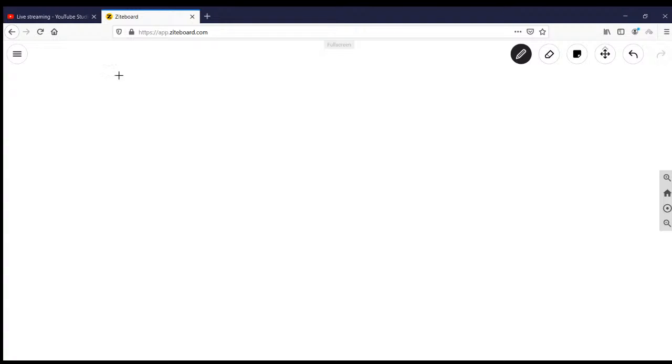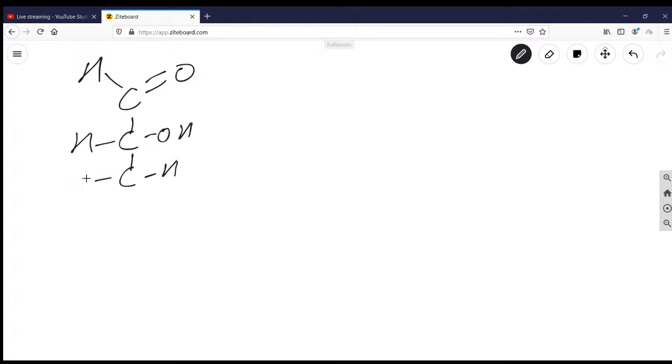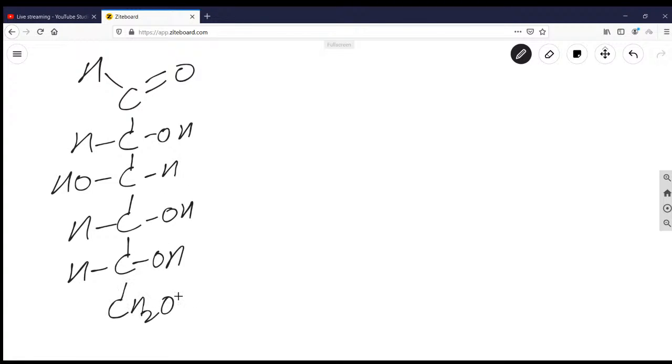I'll draw both the molecules and you will tell me the difference. This is carbon 1, 2, 3, 4, 5, 6. This is D-glucose.